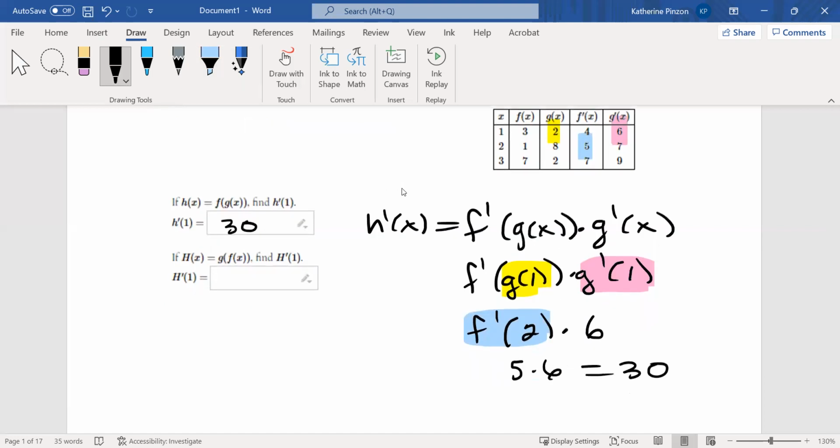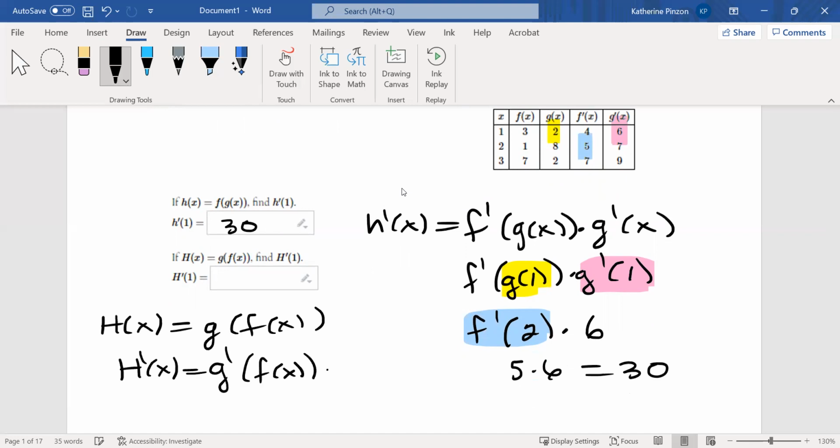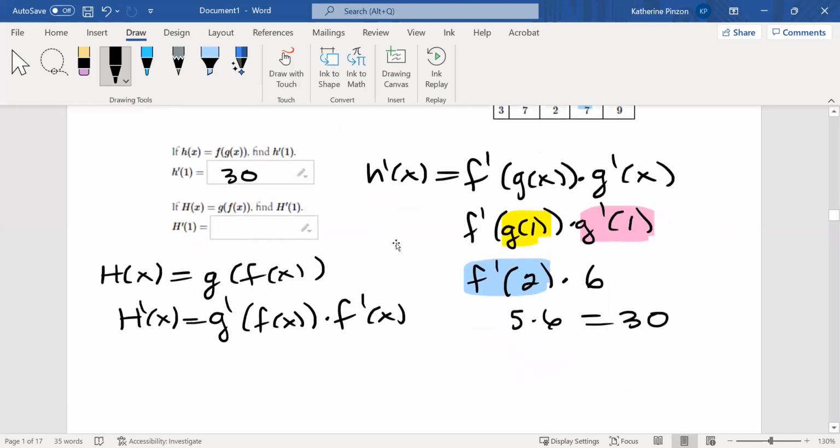The other one is going to be the exact same thing, except my functions happen in the opposite order. So when I do the derivative, I'm going to get g prime, leave the inside alone, times f prime of x. And I'm still plugging in 1. So g prime of f of 1 times f prime of 1. Then I look at my table.